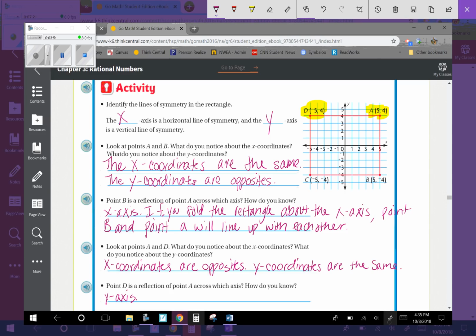If you fold the rectangle about the y-axis, points D and A will line up.